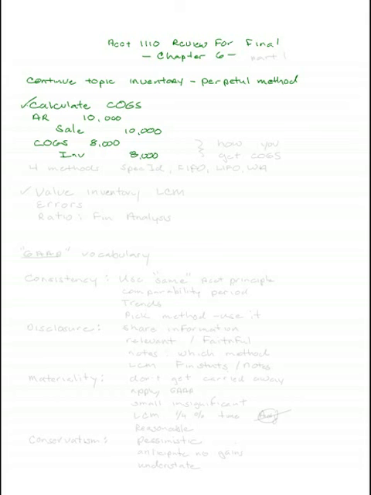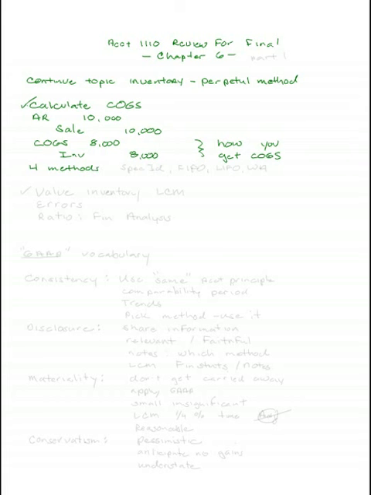Well, one of the things we're going to do, and probably spend the most time on, is come up with how you get that cost of goods sold number. And in that examination, we're going to look at 4 different methods of doing that.